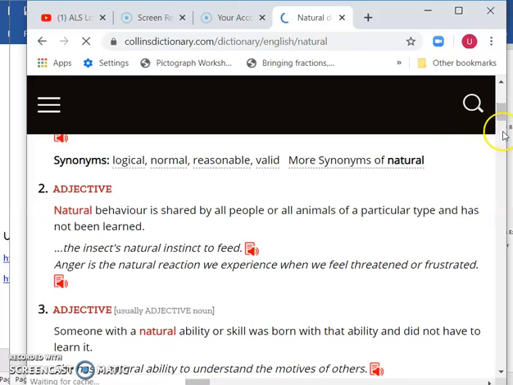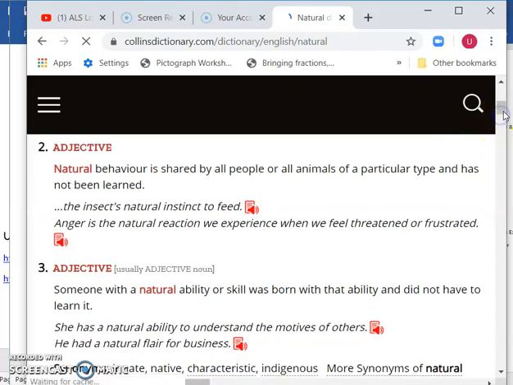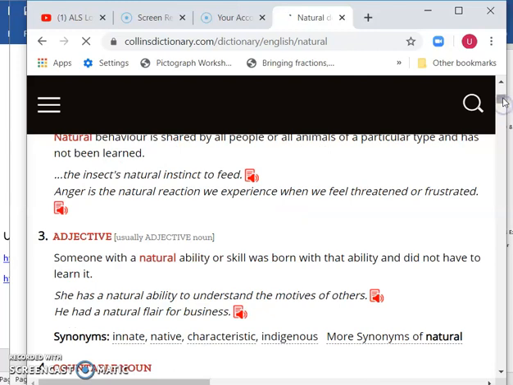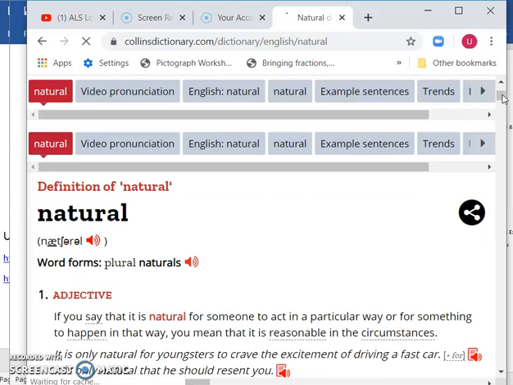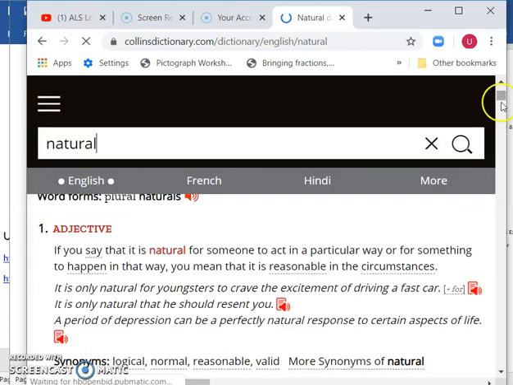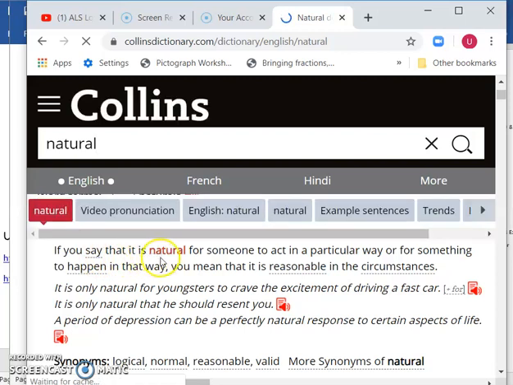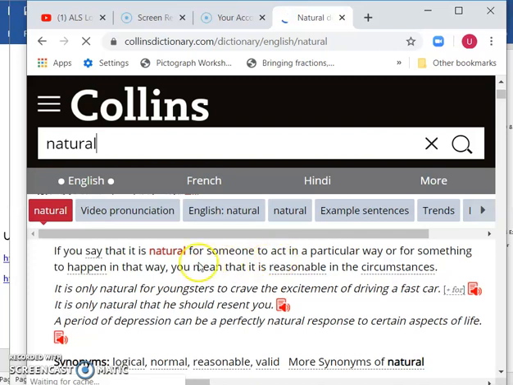Now, I wanted to show you this one because there's loads of meanings for natural. This is still loading, so it's a bit slow. It's probably loading all the ads. Yeah, so the first one it says here is if you say it is natural for someone, it is natural for someone to act in a particular way or for something to happen in that way. You mean it's reasonable in the circumstances.